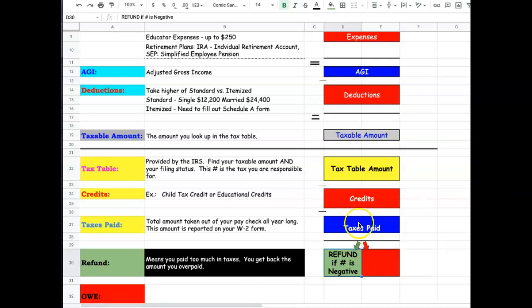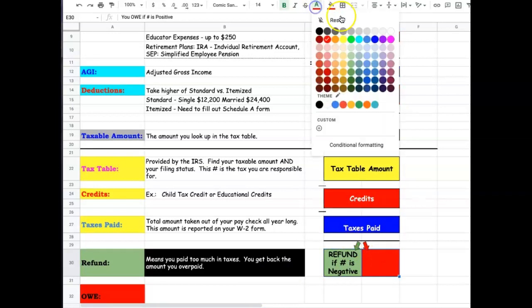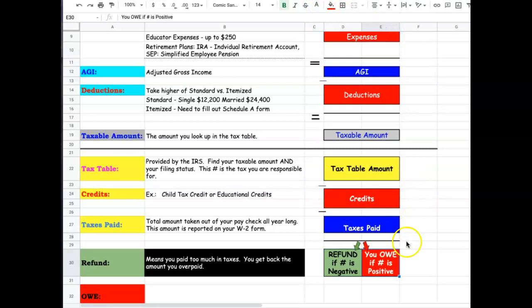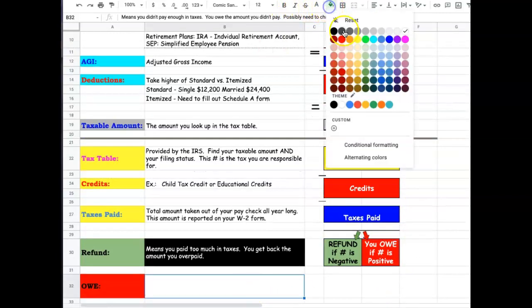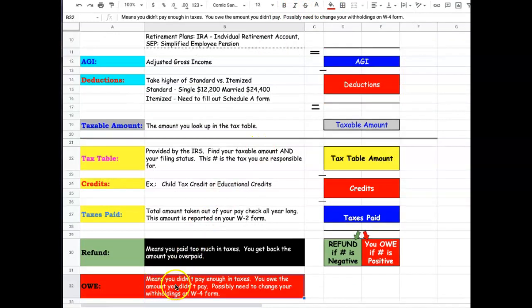But if you subtract your taxes and the number still isn't negative, if there's still a positive balance there, you will owe a little bit of money. And in that case, it means you didn't pay enough in taxes. You owe the amount you didn't pay. So you possibly might need to change your withholdings on that W-4 form. See how it all ties in?